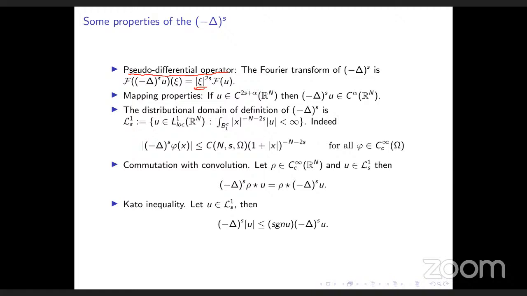And we have interesting mapping properties, which are very important in general. For instance, I mentioned in the beginning that sometimes one can use, for example, in the book of Gilbarg and Trudinger, L^p theory to obtain also Schauder theory. These are interesting properties that allow you to do that, that your operator has some interesting mapping properties.